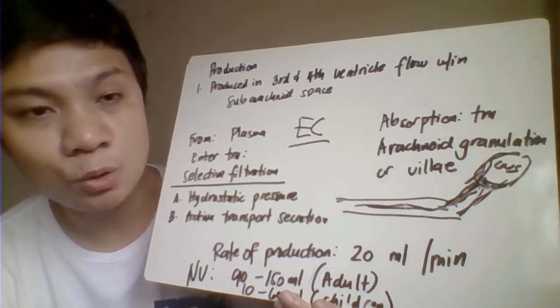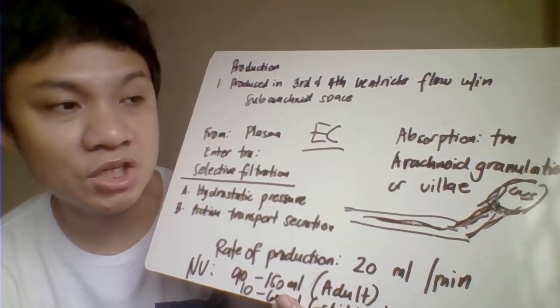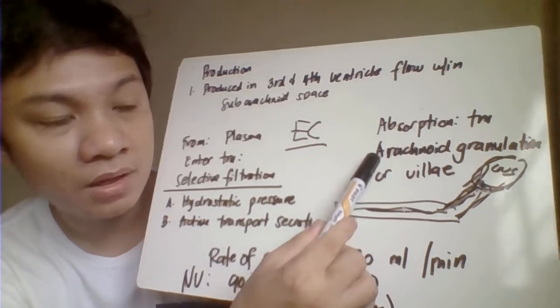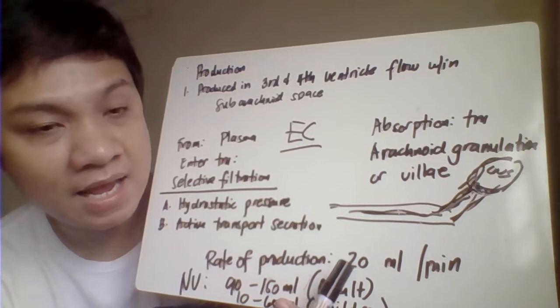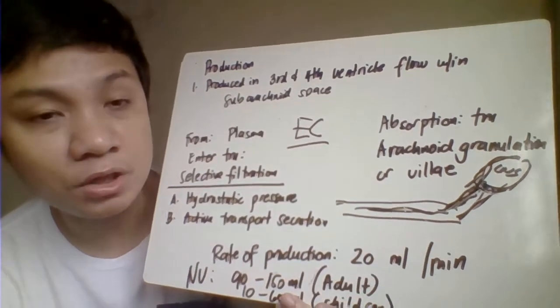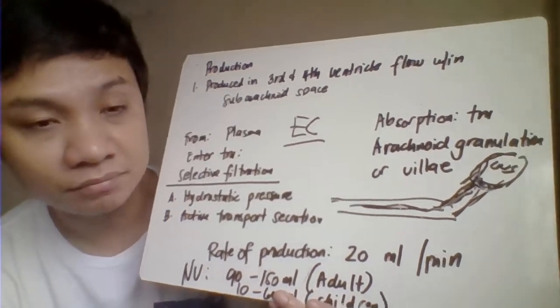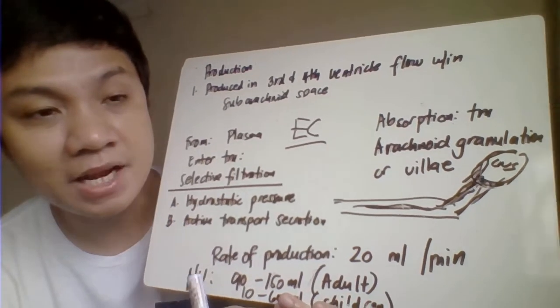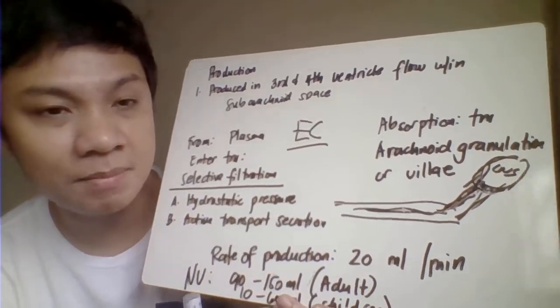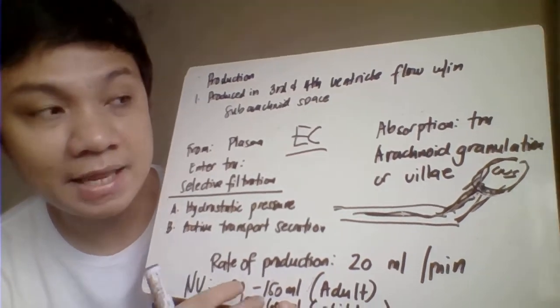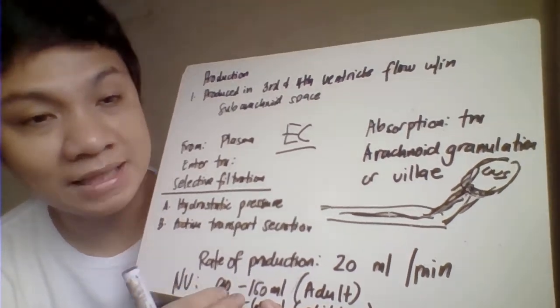Some of that volume must also leave, back to our blood circulation. It leaves through your arachnoid granulation or villi before it eventually returns to your blood circulation. That is to maintain the normal volume of CSF. Because if plasma volume just keeps entering, then eventually the amount of fluid in your CNS is not normal.